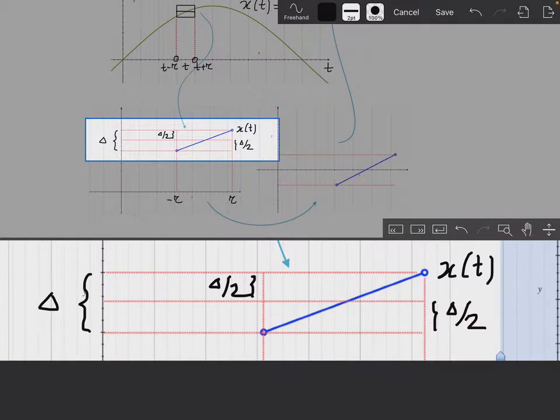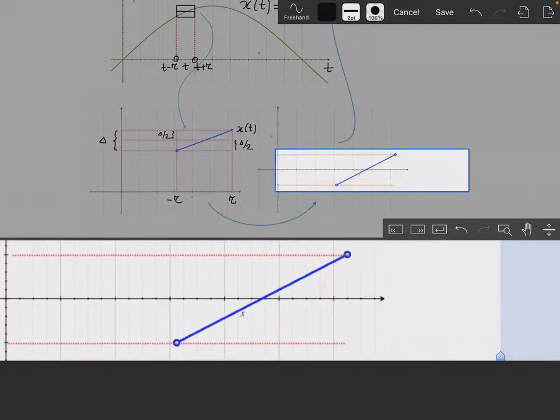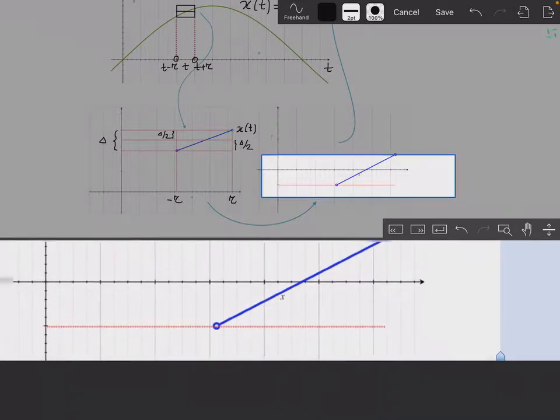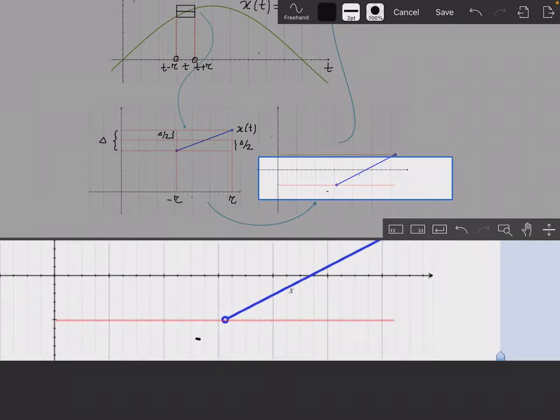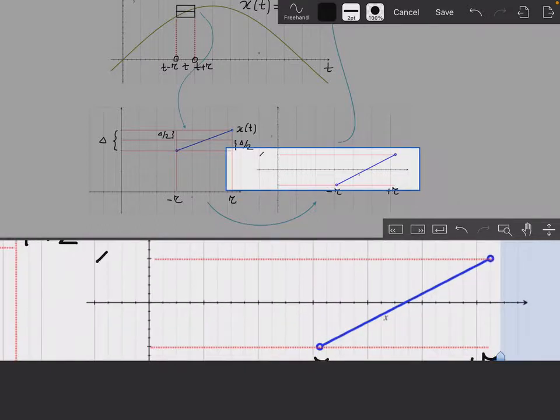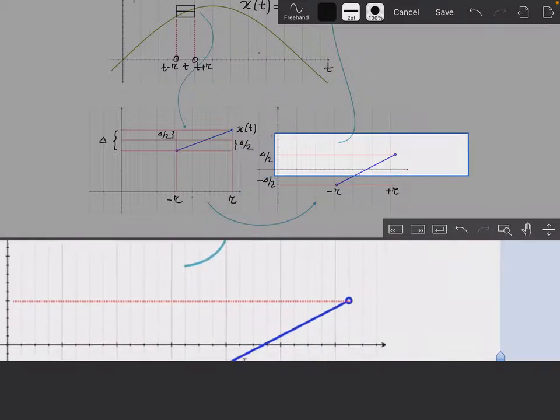And we would like to zoom in even further to look at the quantization error. So let's put minus tau and plus tau in here, and these points are delta over 2 and minus delta over 2. And this would be our quantization noise.